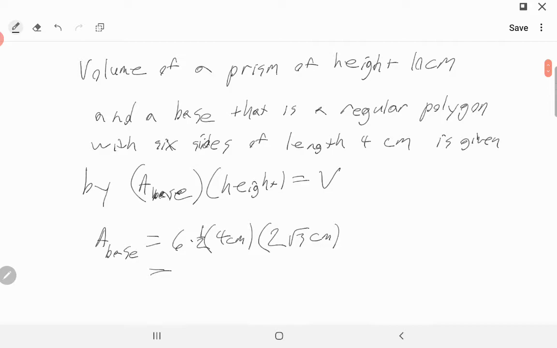So we're going to wind up getting 6 times 4 radical 3 is 24 radical 3 square centimeters. And so that's approximately 24 times the square root of 3, approximately 41.6.